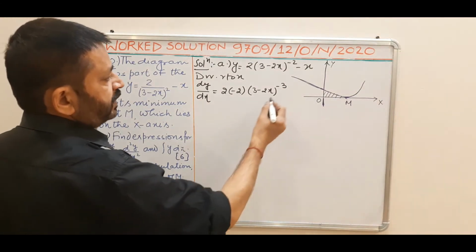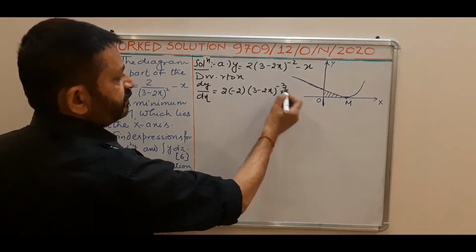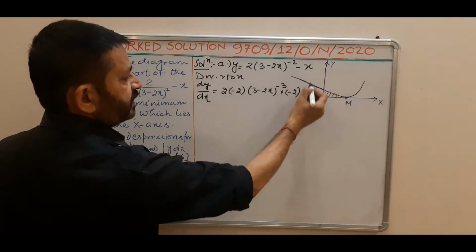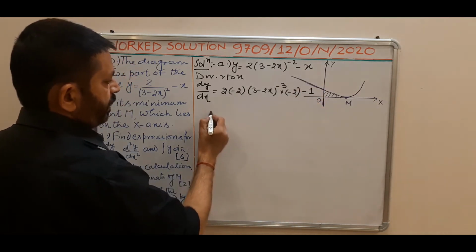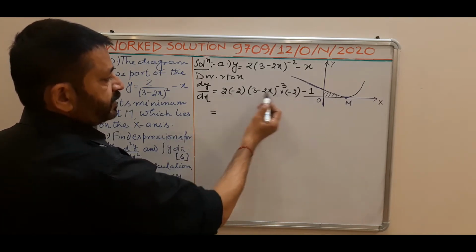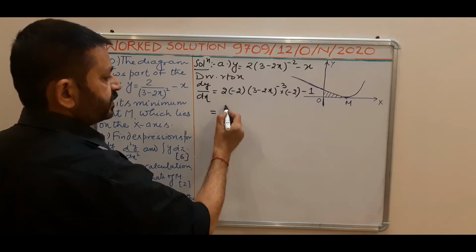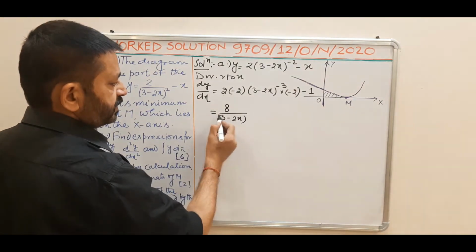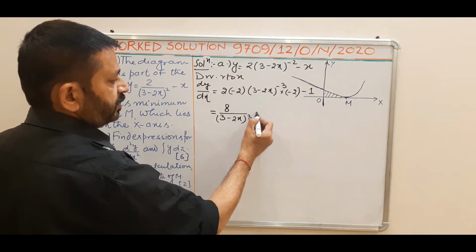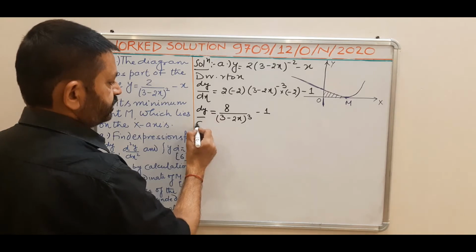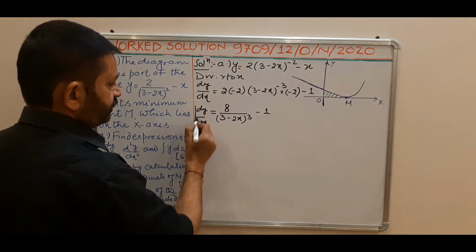Right, and the derivative of 3 minus 2x will be minus 2 again, minus the derivative of x which is 1. So 2 into 2, 4 into 2, 8 plus 8 upon (3 minus 2x) cube minus 1. This is dy by dx. First answer.